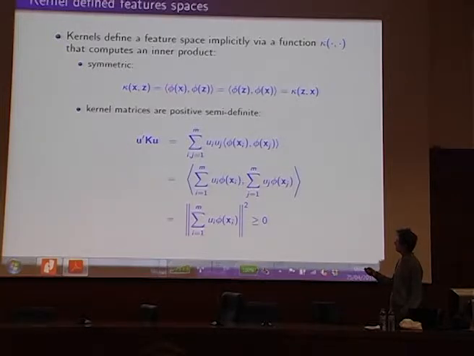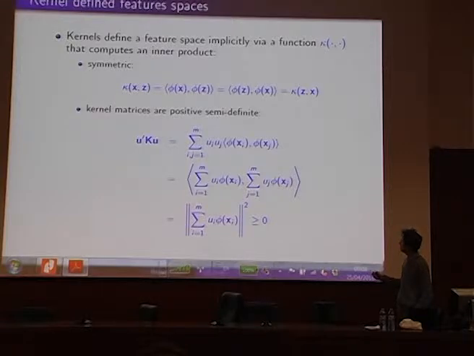What that represents is the computation of an inner product between the actual feature vectors. So x is my input, phi of x is the features that I compute from my input, but I'm not actually going to compute them; they're implicitly defined by this phi of x. Here's another input z, with features phi of z.